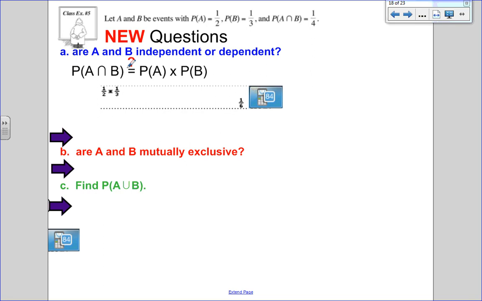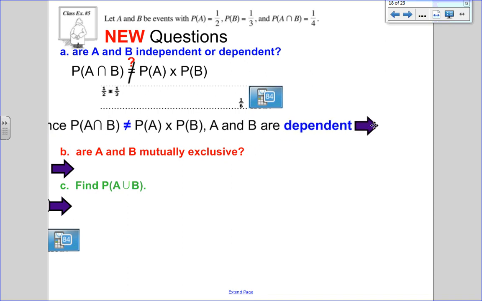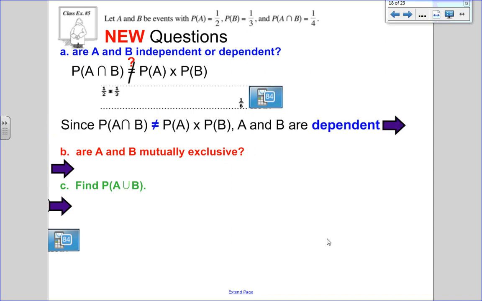So since that is not equal, that tells me that these events are dependent. Okay, are they mutually exclusive? In other words, can both happen? Well, if you look here, the probability of them both happening is a quarter, so both can happen.